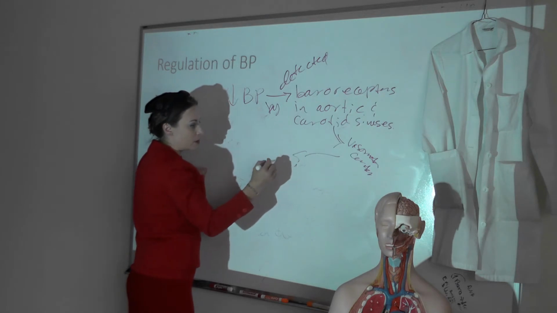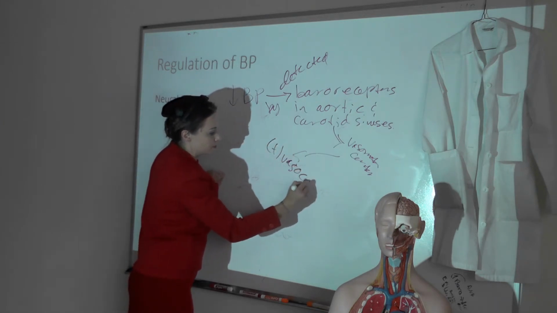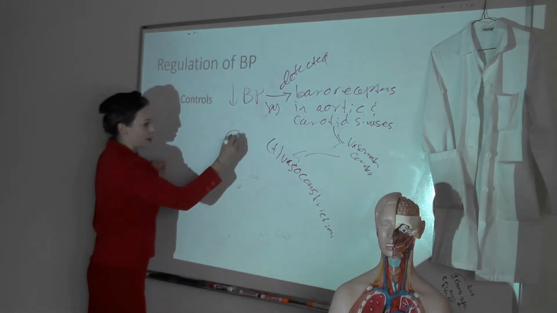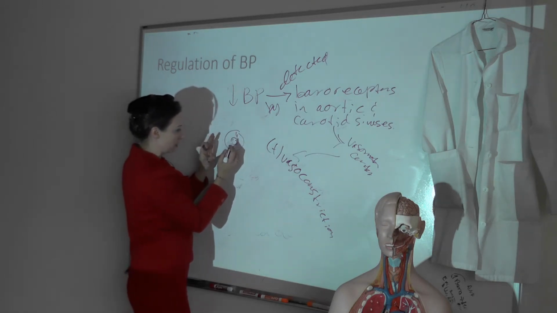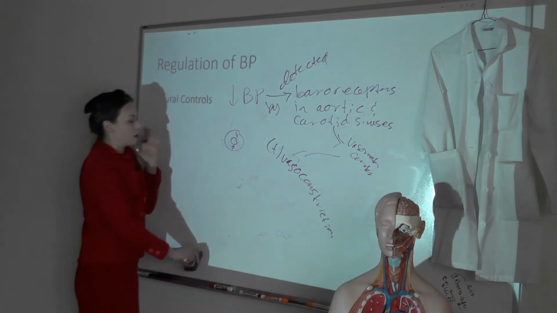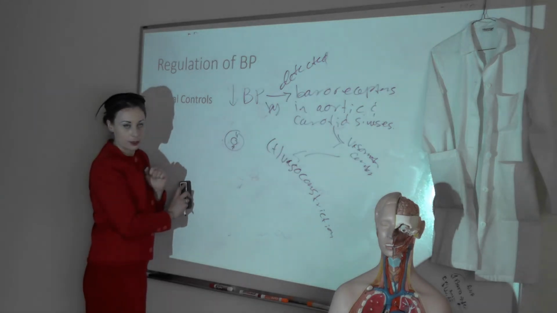So the vasomotor center then is going to stimulate vasoconstriction. Because if I decrease the diameter of the blood vessel, or of a tube exerting a force on a fluid, then the pressure on that fluid increases. So that's going to be a neural control that's going to be really quick.